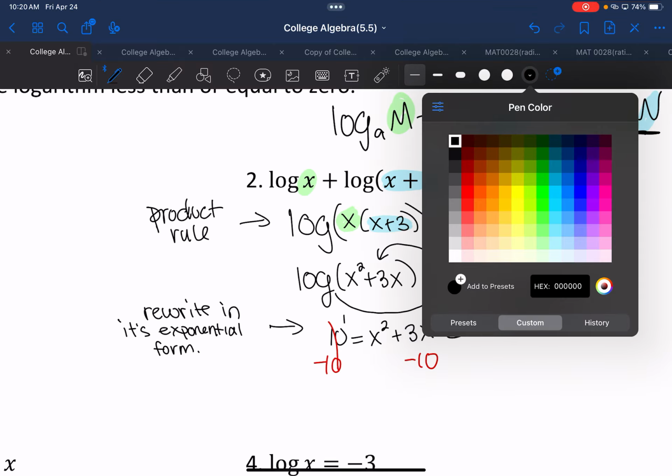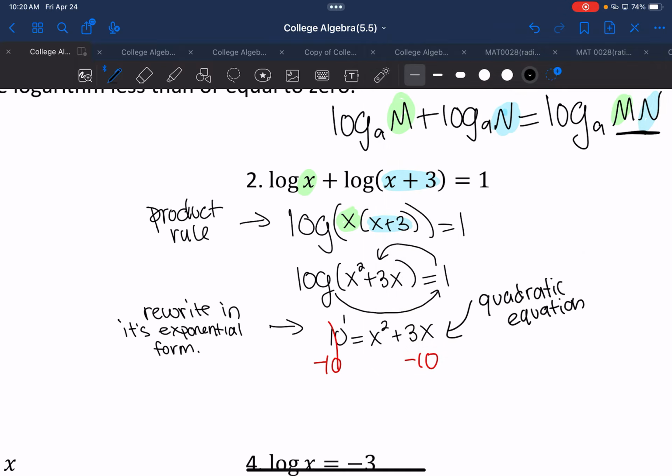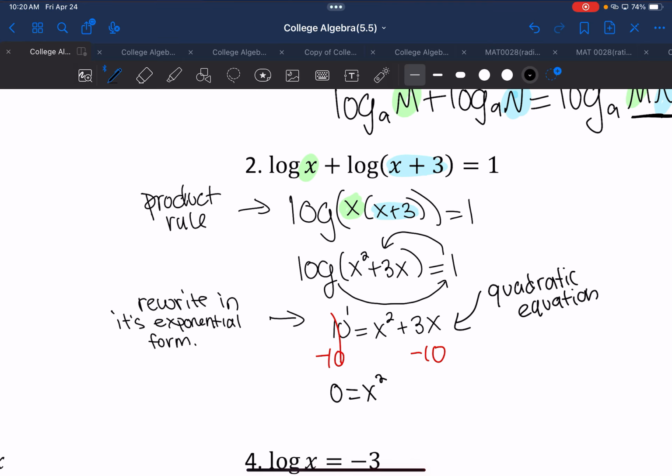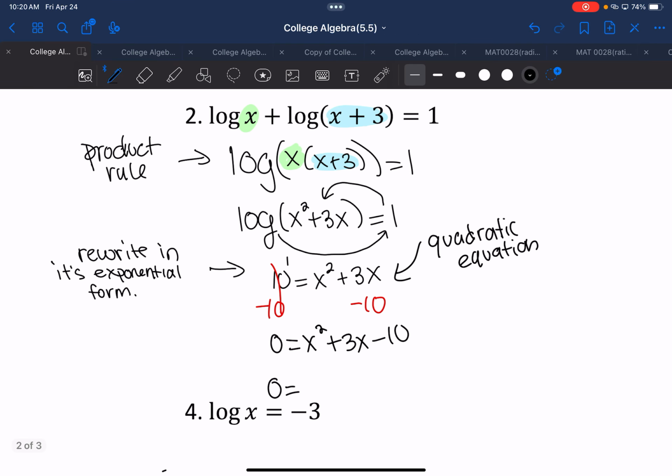And so this would be x squared plus 3x minus 10 equals 0. And then I factor this quadratic. So I need two numbers that multiply to give me negative 10 and add to give me 3. Negative 2 and positive 5.